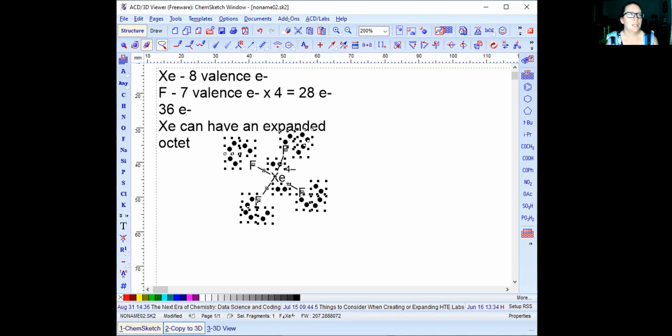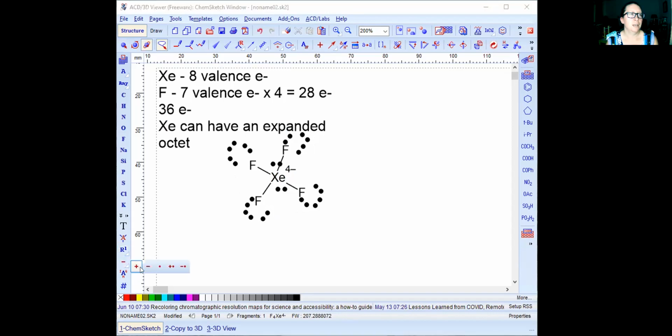Now, I disagree with this shape, and maybe what we need to do is, you see that there's a -4 charge here, and that is not the case. We want to go ahead and remove that.